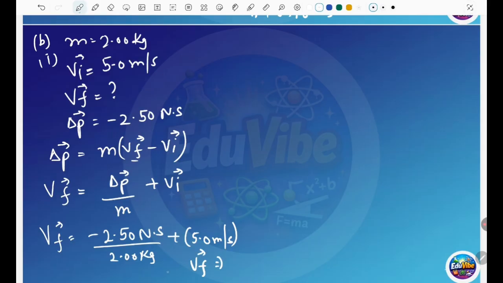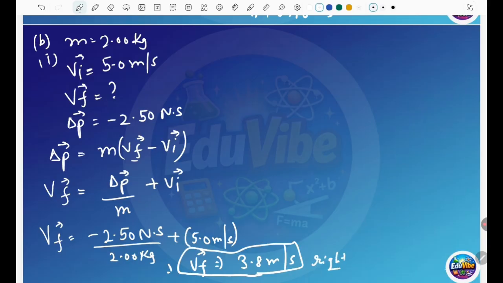When you calculate, you get Vf of about 3.8 meters per second. Since we took left as negative, this is to the right, so it's 3.8 to the right.